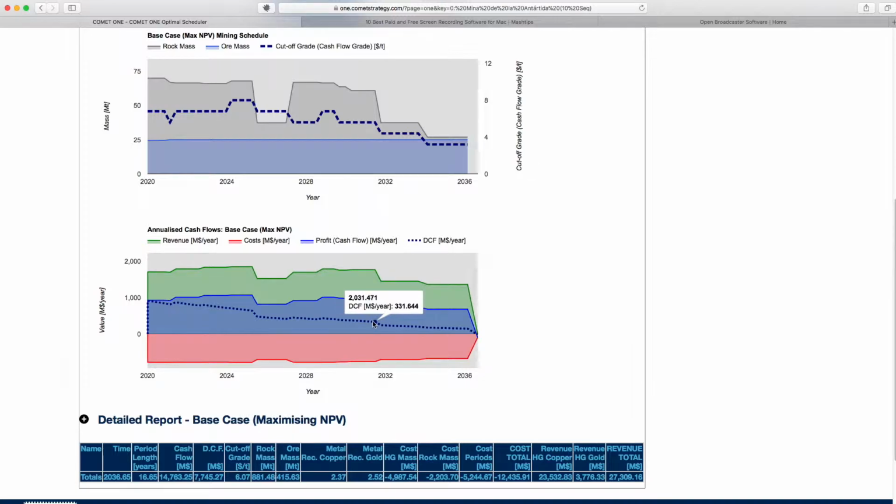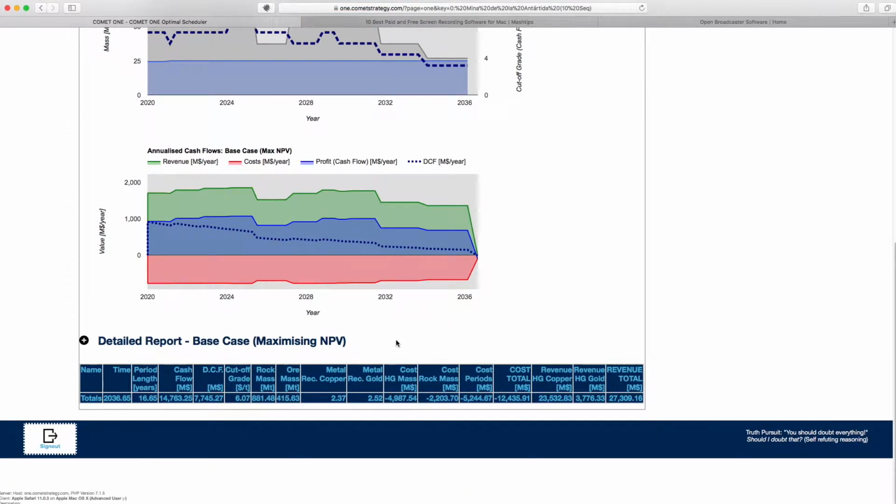It's an incredibly significant effect, this time value of money, and it's often missed because people just look at these total cash flows and miss that the discounted value of those cash flows is getting lower and lower every year.